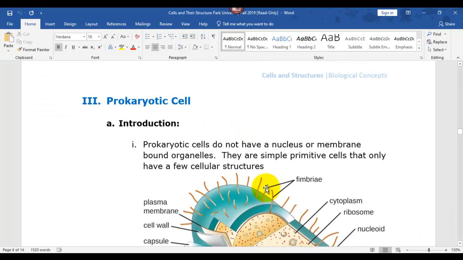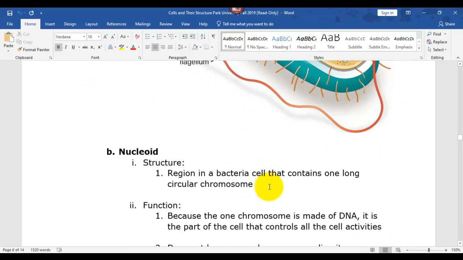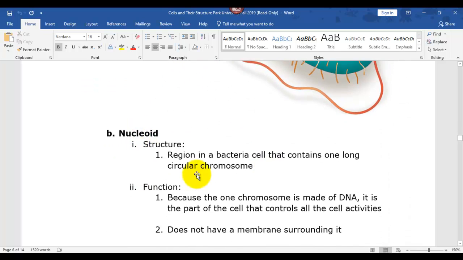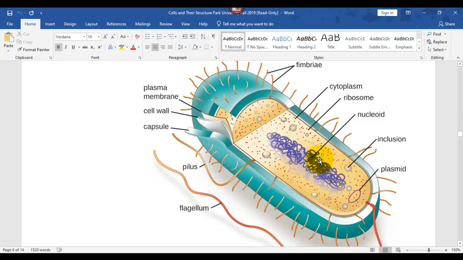They're very simple. They really don't have membrane-bound organelles. They have some of the parts that a eukaryotic cell has, and then they have other things that a eukaryotic cell does not have. So the nucleoid, we'll start there first. See this whole area in the middle with all the twist? That is one long circular chromosome.